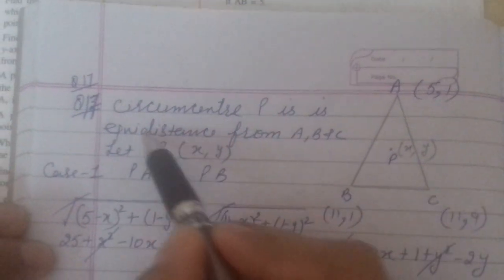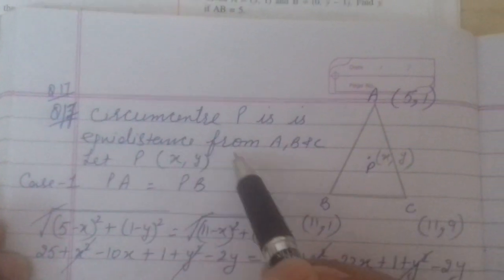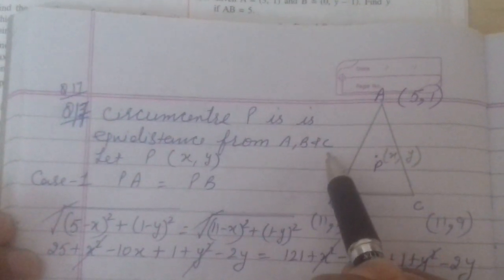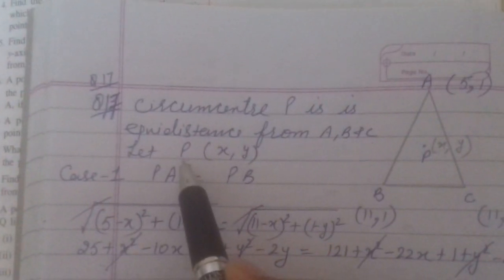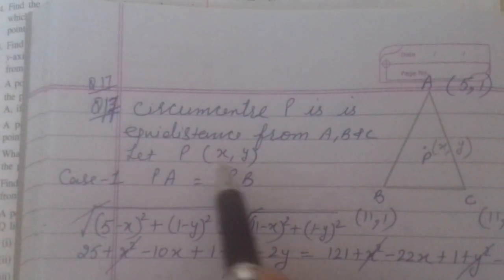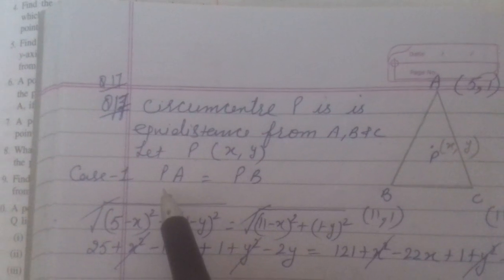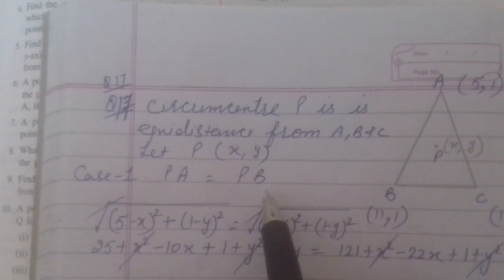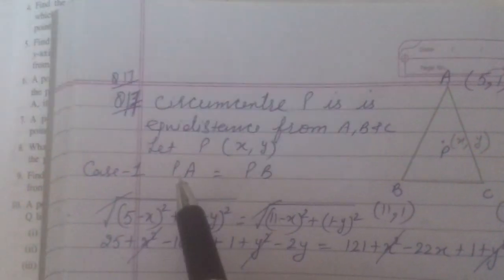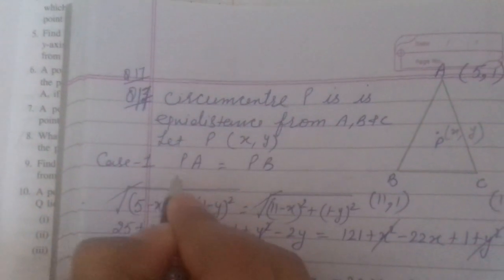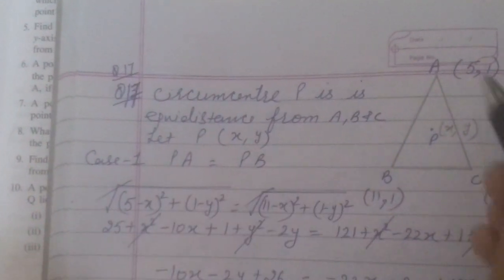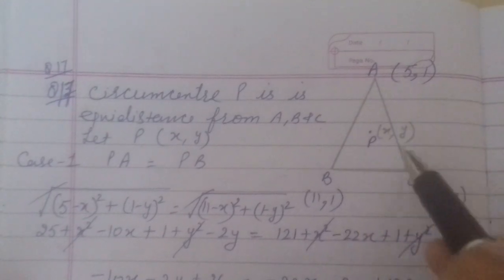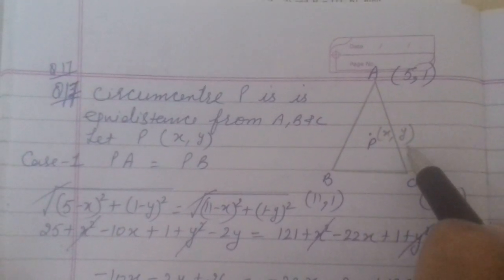Clear? Now circumcenter P is equidistant from A, B and C. So let the coordinates of P be x and y. Now you know the condition that PA is equal to PB. Clear children? So mark, PA we are going to find out. This is PA. You have to mark it as x1, y1 and this point as x2, y2.